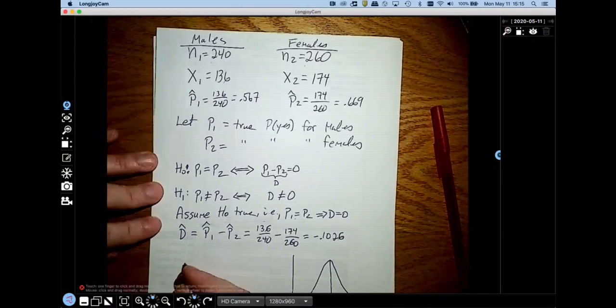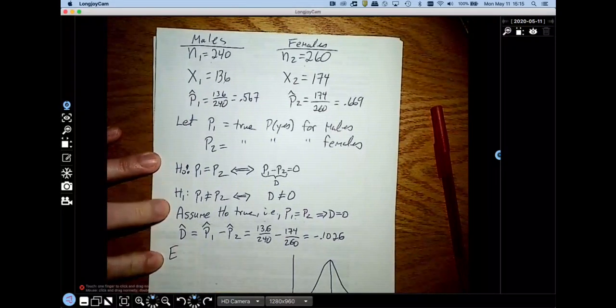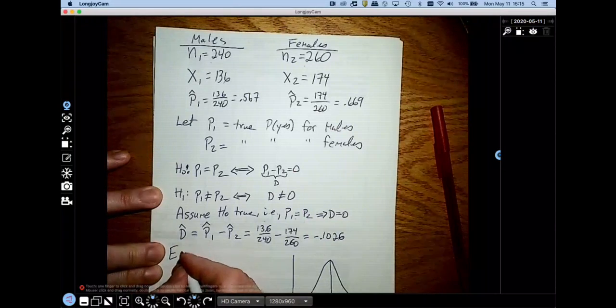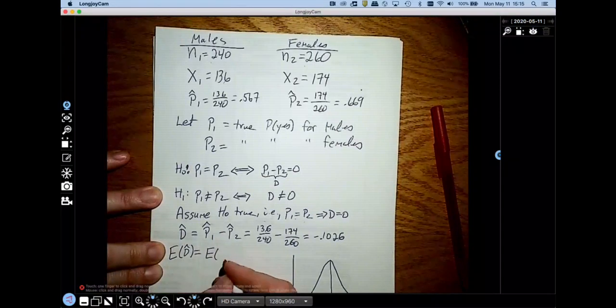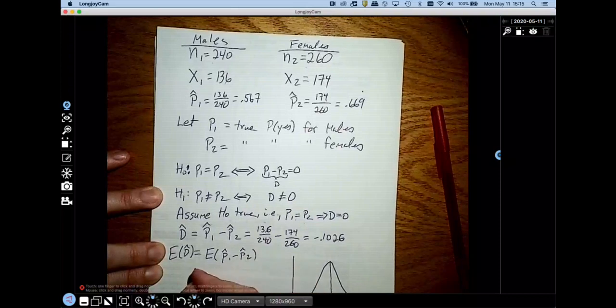If you want to go through a little bit of formality on this, the expected value of d hat would be the expected value of p hat 1 minus p hat 2. This would be the expected value of p hat 1 minus the expected value of p hat 2.